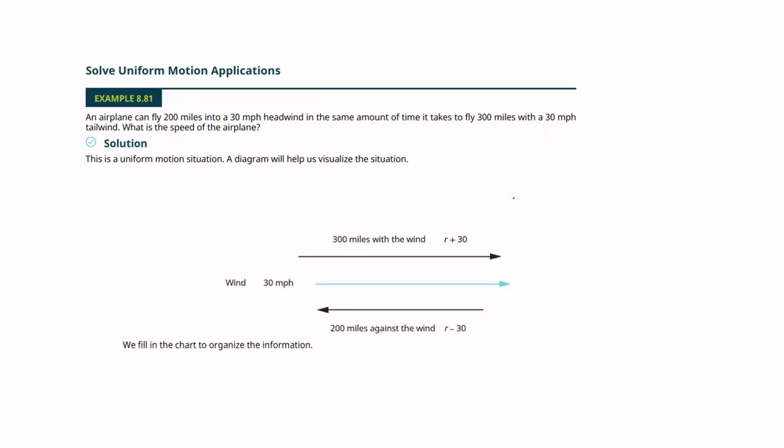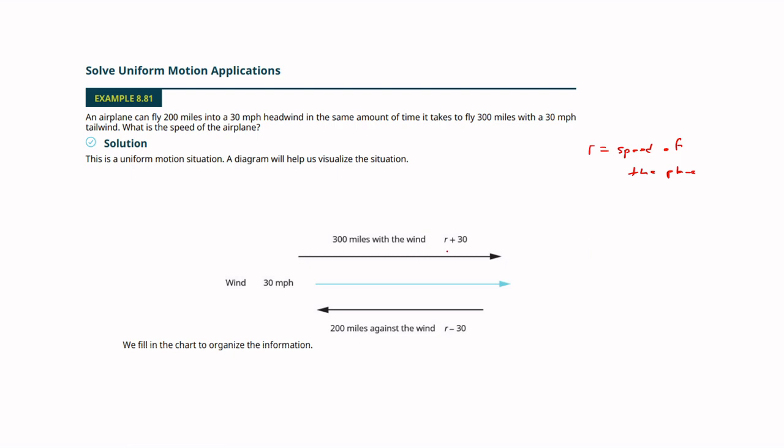Now let's go back and talk about this a little bit. I like to set up a little dictionary, and I'm going to say r is the rate of the plane, the speed of the plane. If the plane were in a vacuum, like outer space, it would have its own speed, but the wind has a speed as well.